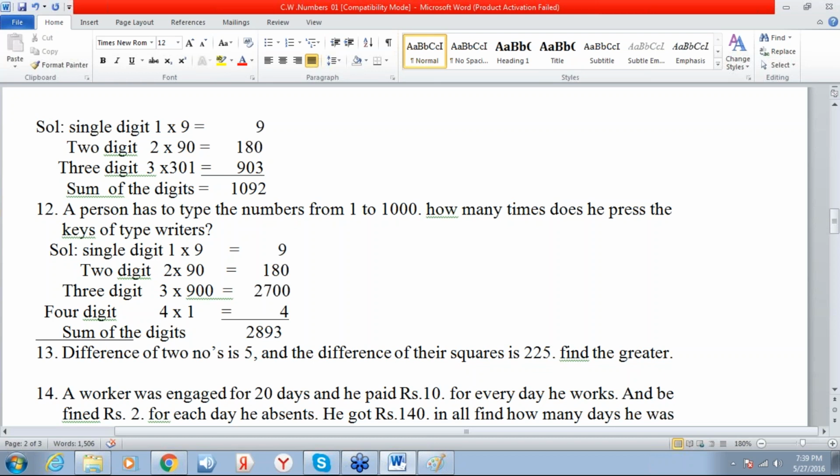So the sum is 45 and the difference is 5. One number is 25 and the other is 20. The numbers are 25 and 20.